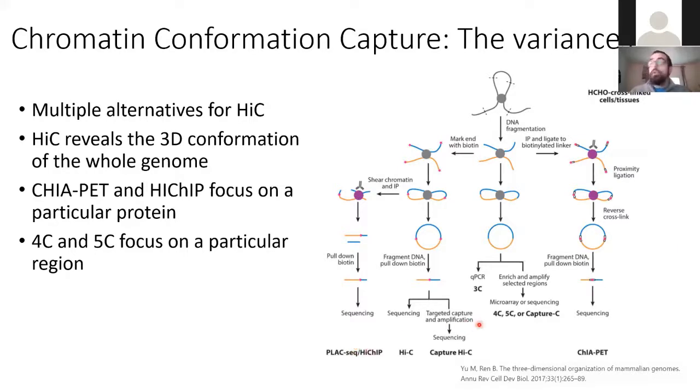Or if you only want to look at a region, you can do a protocol that's very similar to Hi-C, but before you send your reads to sequence, you amplify or select only the regions you're interested in. So with this, you have fewer reads, so you can have a specific reading of only this region without having to sequence a lot. So it reduces the cost of your sequencing if you're looking specifically at a region or at a protein. But if you want to do like me and look at everything, then you do the Hi-C.